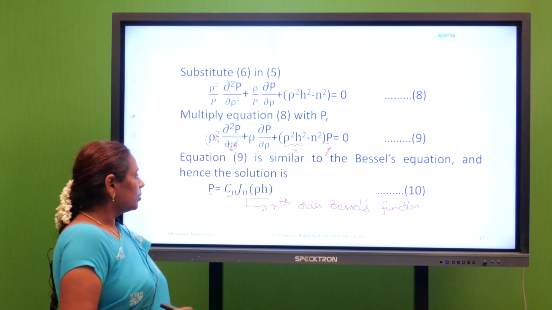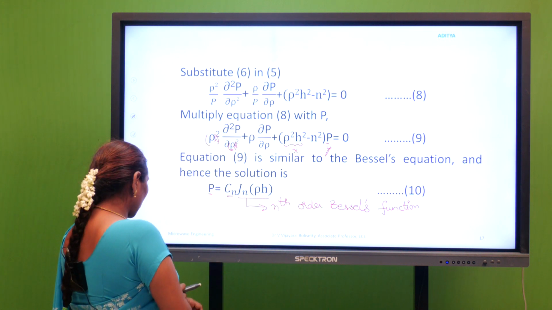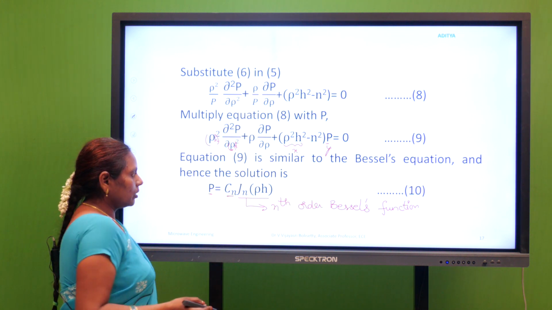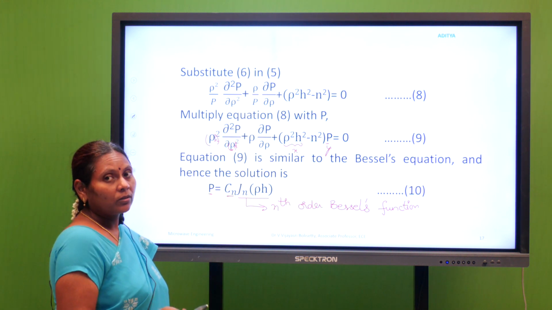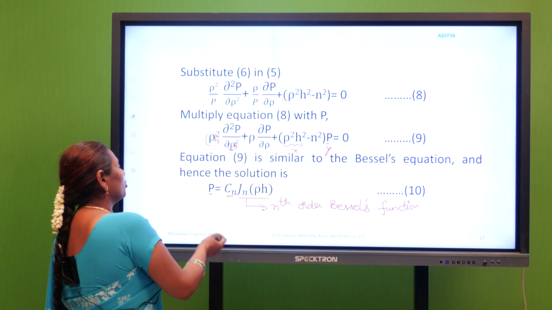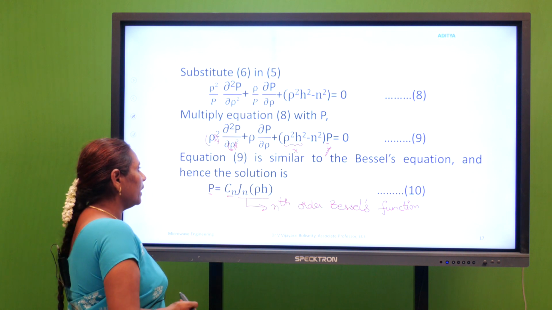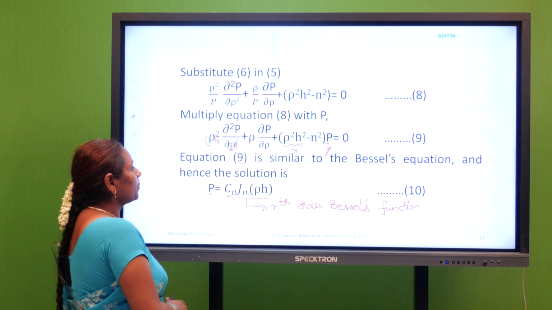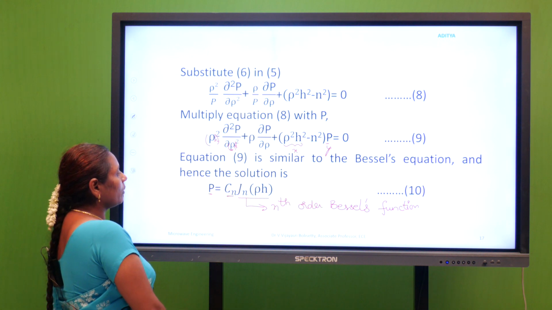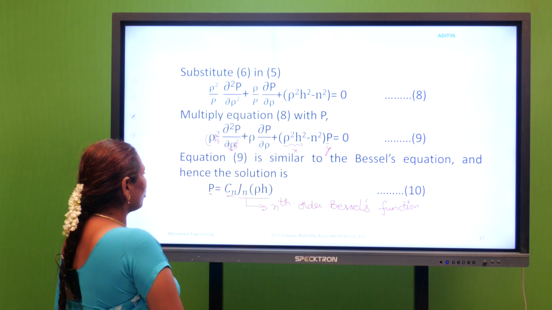Okay, so this nth order Bessel's function has n roots. By finding those roots, we get some eigenvalues for P, and so we can obtain the solution also. So now we get P is equal to some Cn Jn rho h.